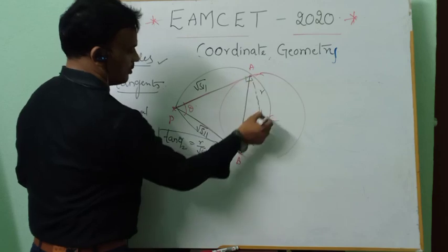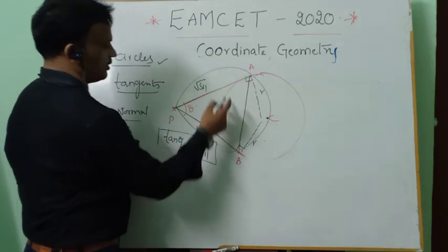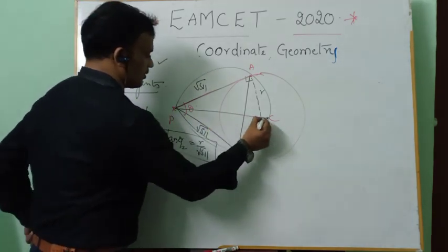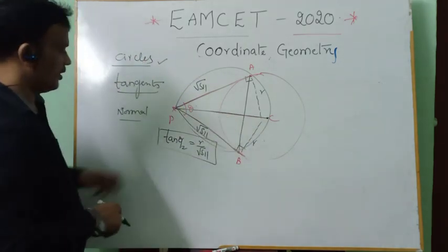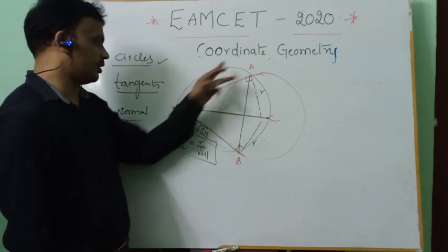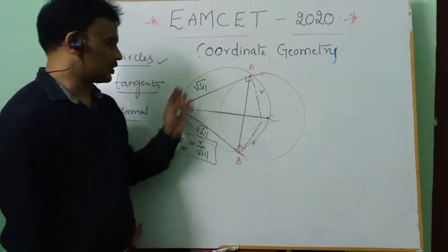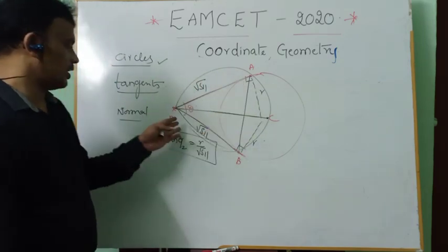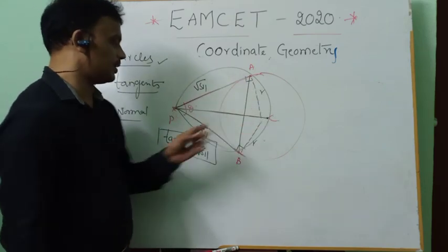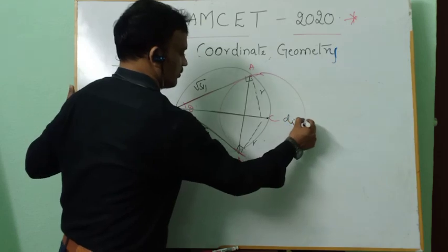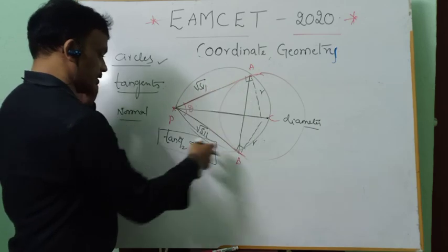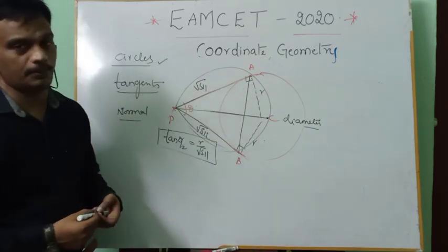For that circle, P is where we draw the tangents, and A and B are the points of contact. Particularly, PC becomes the diameter of the circumcircle for the triangle PAB.